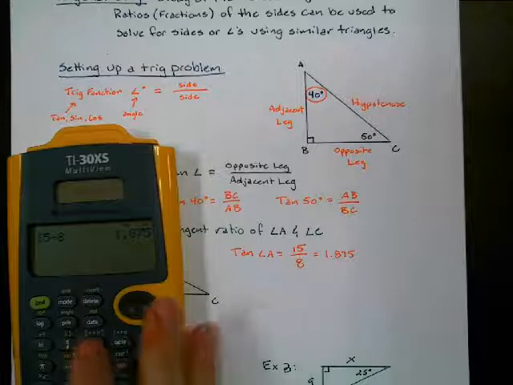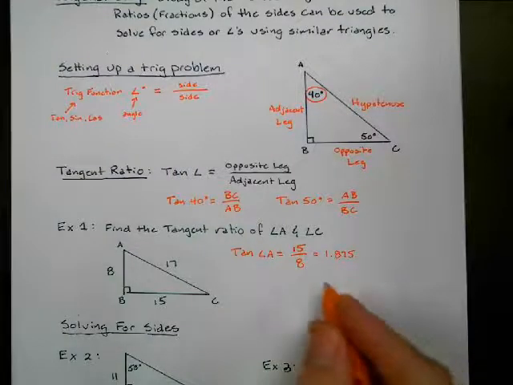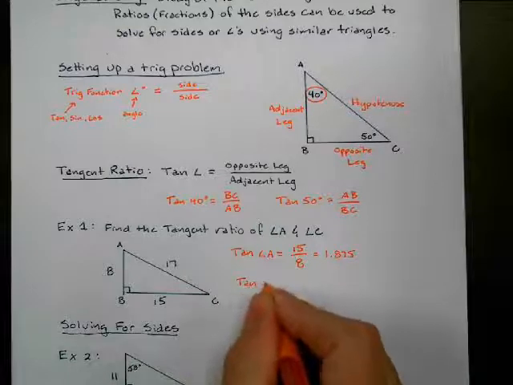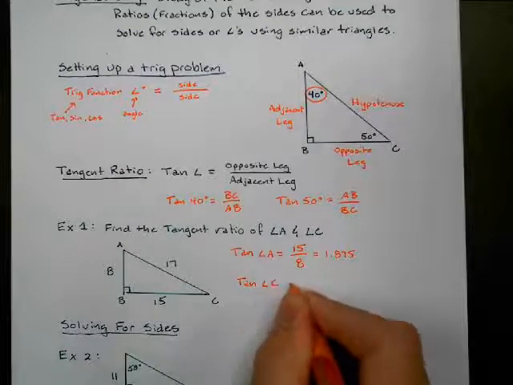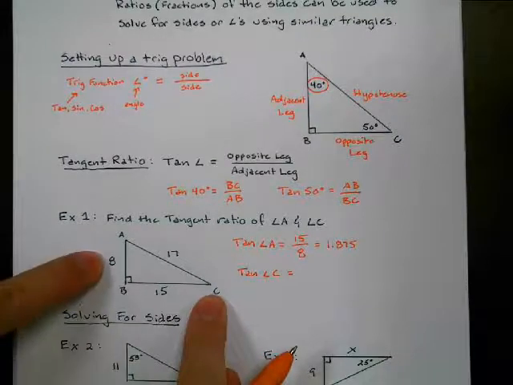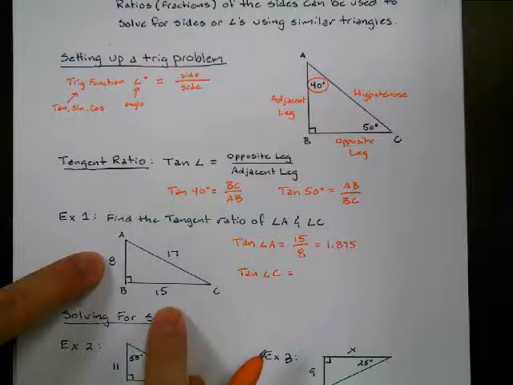Okay, what if we wanted the tangent of C? Well, the tangent of C, the opposite leg would be 8. The adjacent leg would be 15.